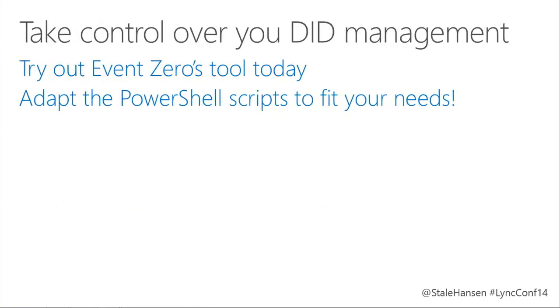So my call to action here is try out Event Zero's tool for those bigger, more global deployments. See if those can help you more, especially for extension ranges and the number ranges. And if you think you can handle this, you can adapt the PowerShell scripts shown here. They are available on linknumbers.net.